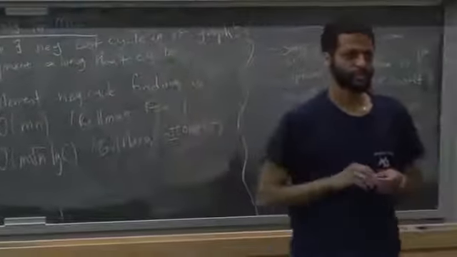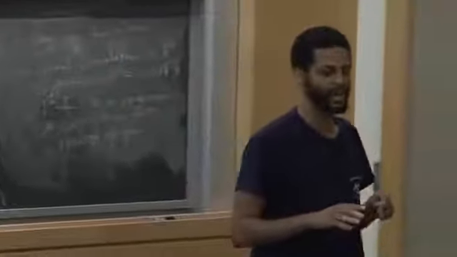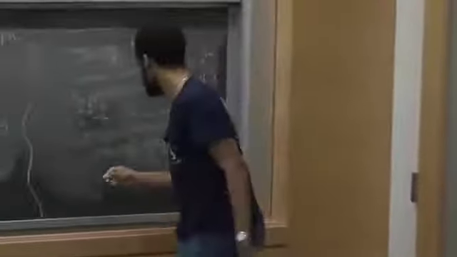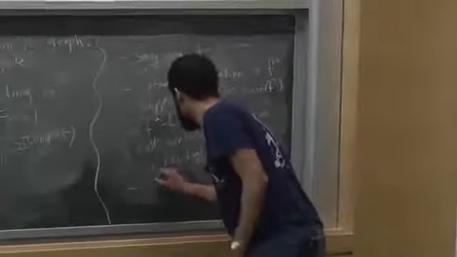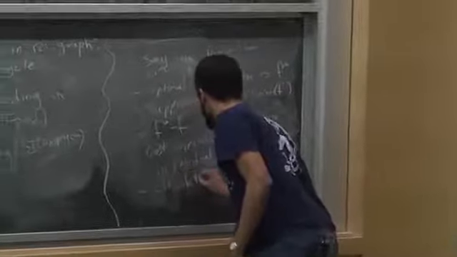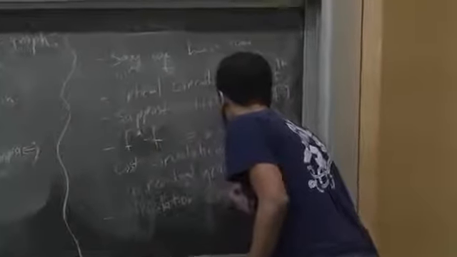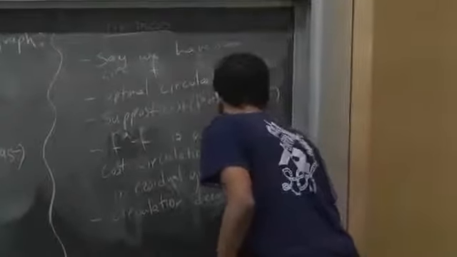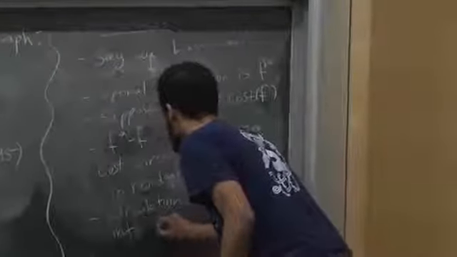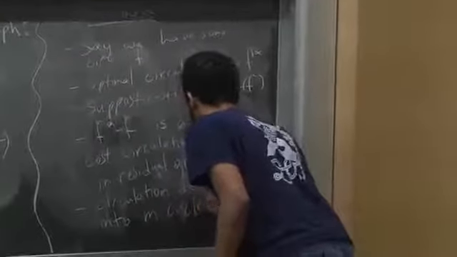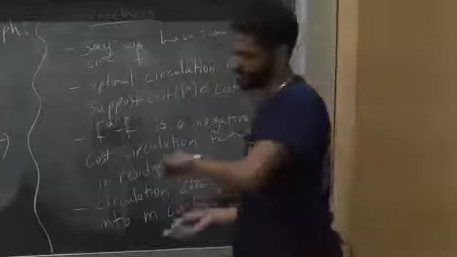In fact, they had better all be negative, otherwise there's no point in including it in your circulation. So a circulation decomposes into m cycles, one of them is negative, and we'll find it. Great.